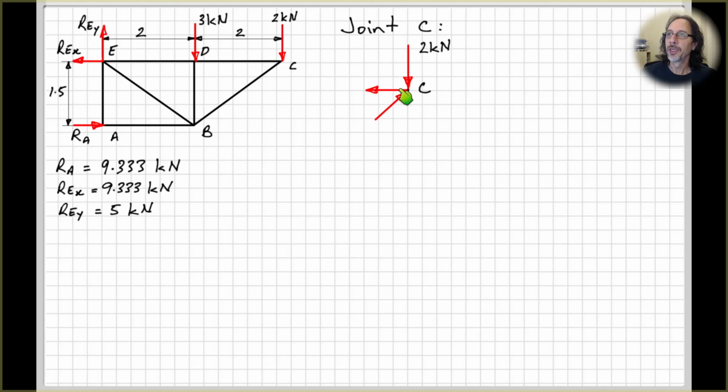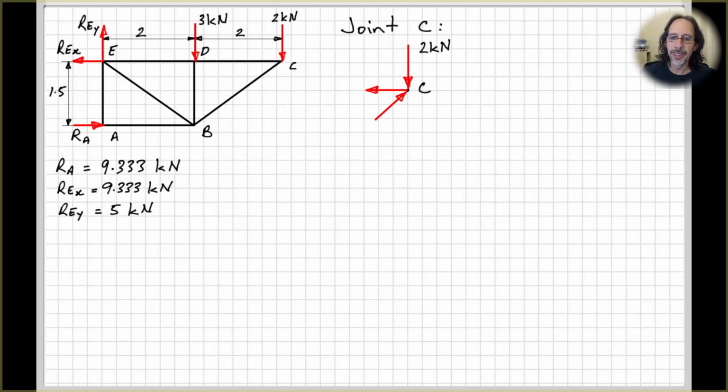So this one is pulling away from joint C, so therefore if we draw a free body diagram of member CD, we must have equal and opposite this on end C of the member CD, so that will be pulling to the right, and at the end D will be pulling to the left, so you should be able to see that that will be in tension. Whereas what I drew before, we could see that the member CB was in compression.